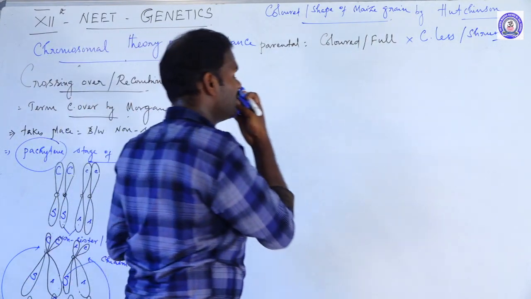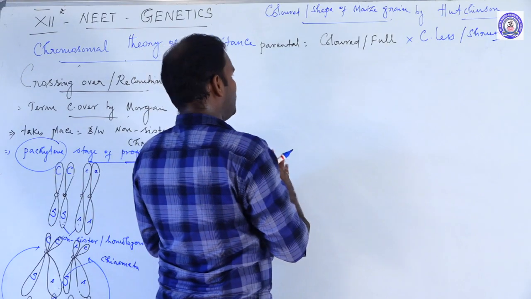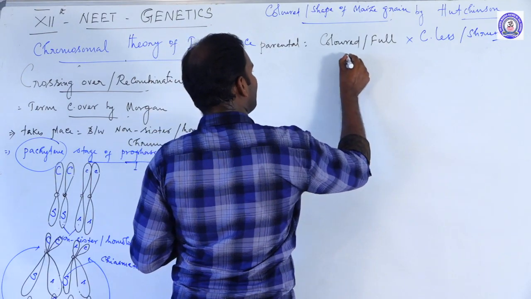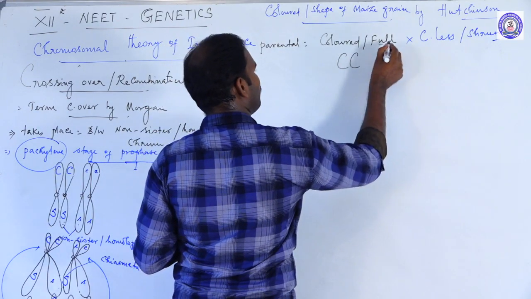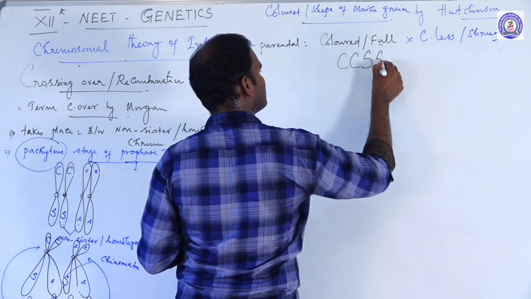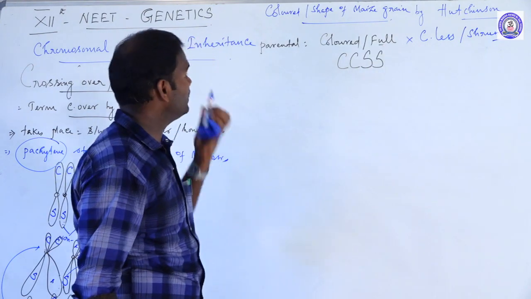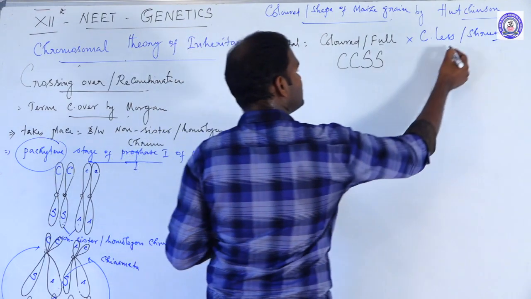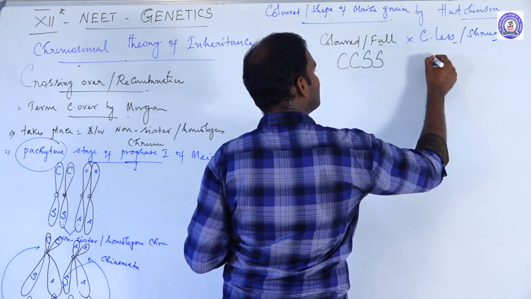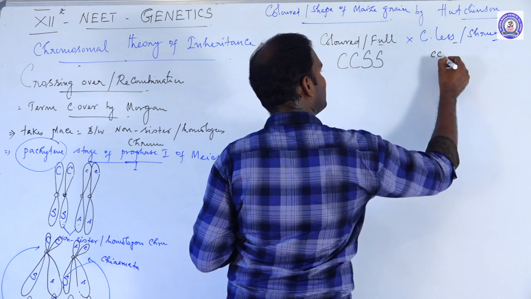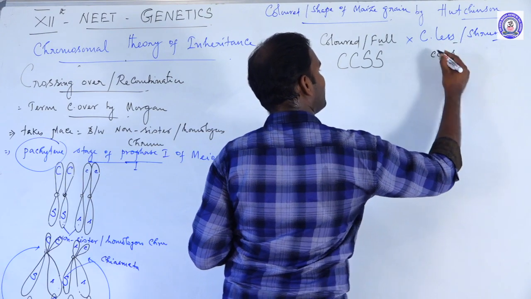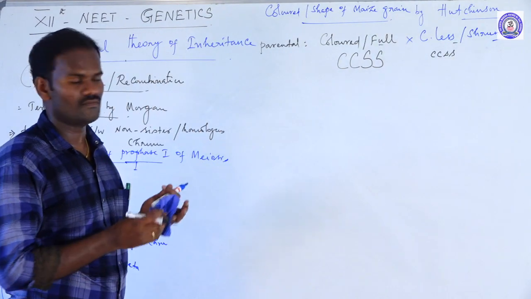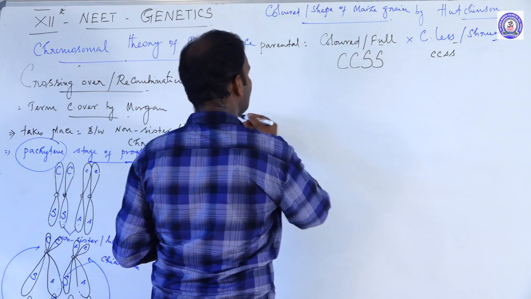So these are the parental combinations. The genotype for color is controlled by capital C, and full shape is dominant, capital S. This is the shape of the grains. These are recessive characters: colorless, small c, shrunken, small s. These are the parental combinations.